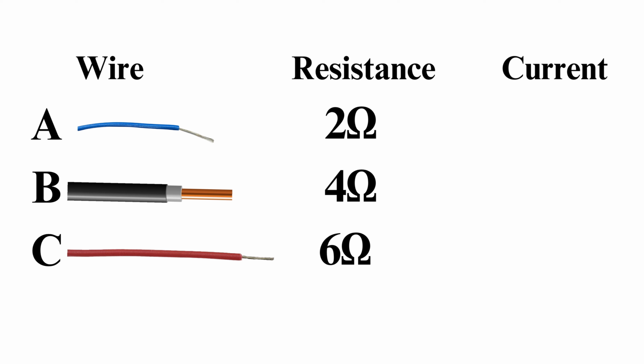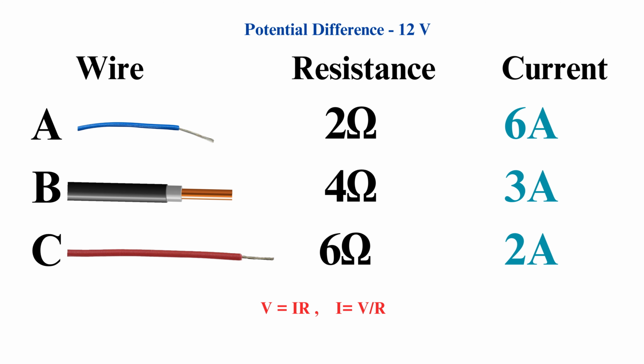And the same potential difference of 12 volt is applied across each wire. We have calculated the current across each wire using Ohm's law formula V equals IR or I equals V by R. We have calculated the current flowing through each wire, which you can see on the screen.